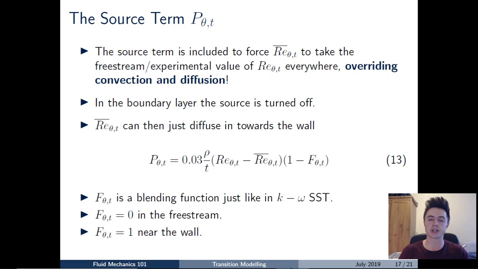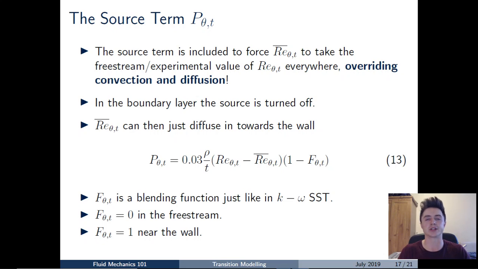However, when we're in the free stream, the blending function takes a value of 0, and that second bracket there is going to force the value of Re-theta with the overline to take the value of the experimental term there, Re-theta t. So anywhere where there's a difference, perhaps due to a geometry or some convection or mixing, this production term is going to force the transported value with the overline to tend towards the value of the experiment that we apply at the inlet.